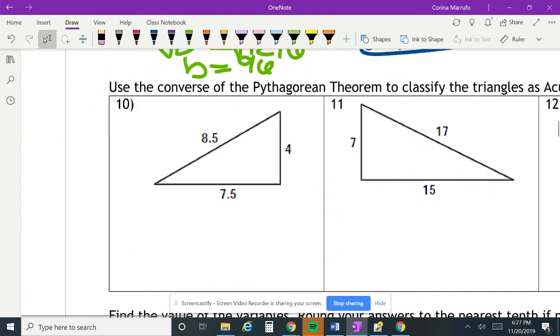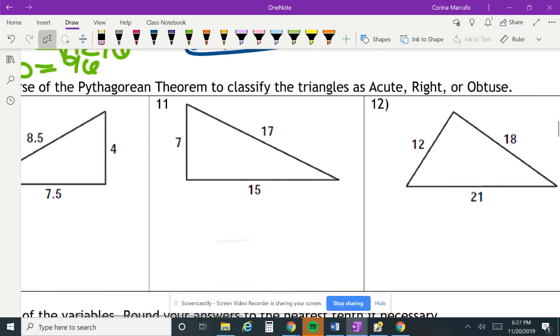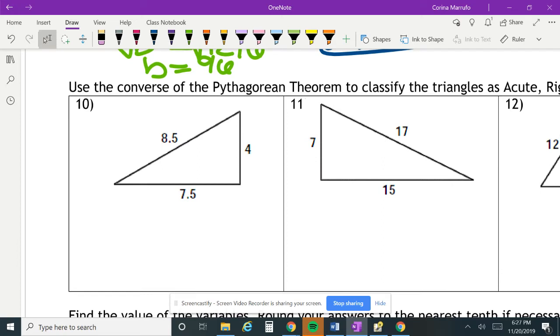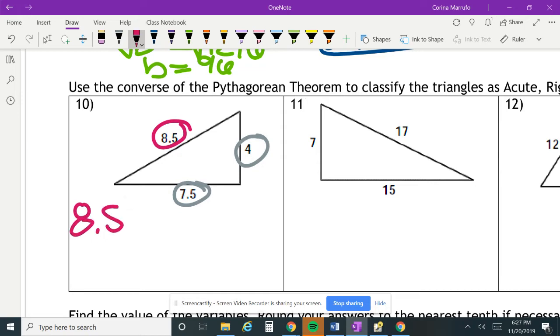Use the converse of the Pythagorean theorem to classify the triangles as acute, right, or obtuse. So on here, we're going to take the two smaller sides, so that's your A and your B, and then the 8.5 is going to be your C. So we're going to do 8.5 squared, and then we're going to leave the part in between blank to see if they're equal, less than, greater than, and then we're going to do 7.5 squared plus 4 squared.